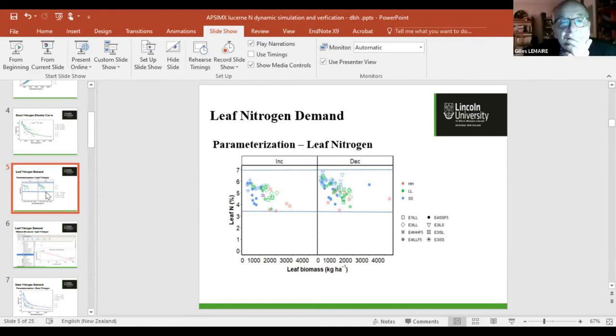The second point was about the metabolisable energy in stem.